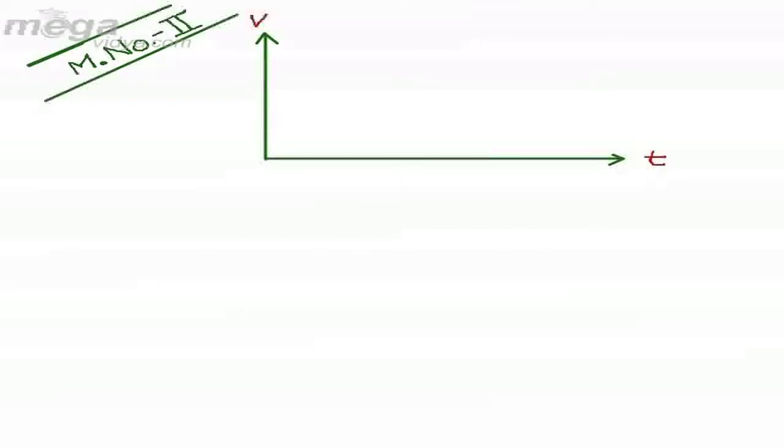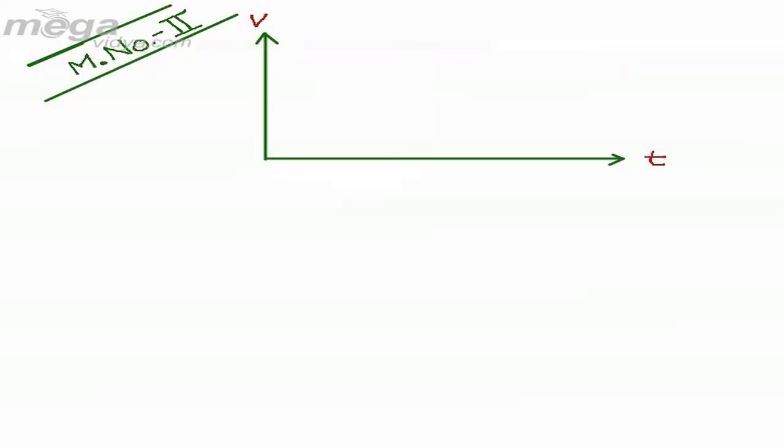If we talk about the interval of the first 2 seconds, you will observe that its mean speed or mean velocity is nearly 100 centimeter per second, because it travels 200 centimeters in the first 2 seconds.